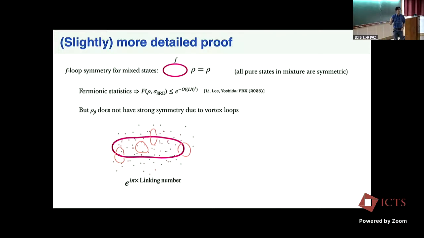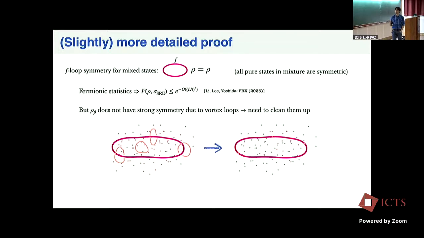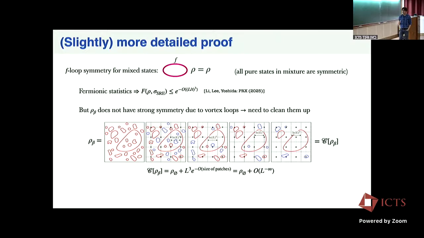So actually, the state I have does not have this strong symmetry. But what I can do is deform it in a way that restores the symmetry. So I have to deform the state, get rid of all the vortex loops, the excitations, to get a new state which now does have this strong symmetry condition. There are various ways of doing that, but one way that we describe is the following: you can imagine cutting your system up into a bunch of patches.